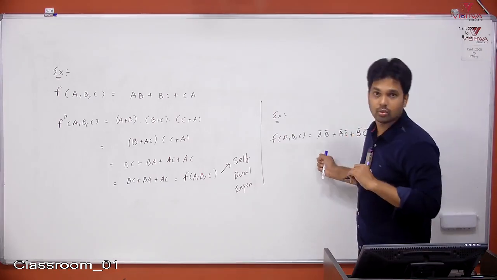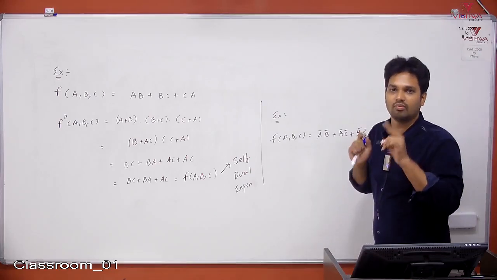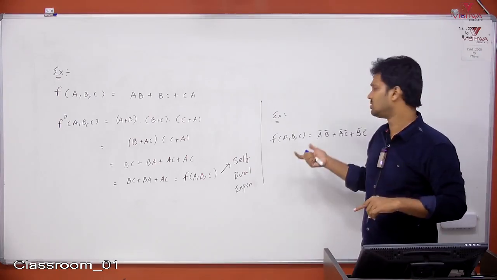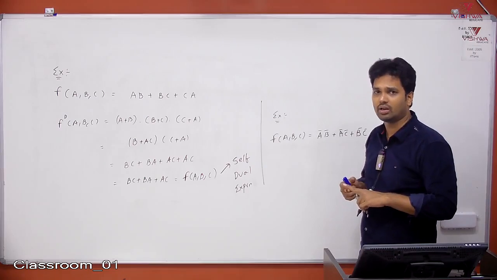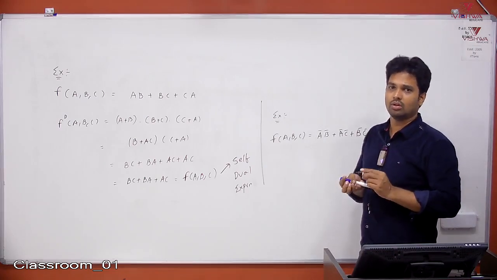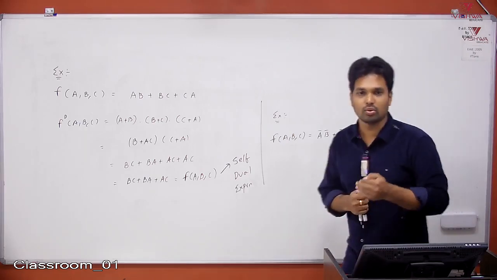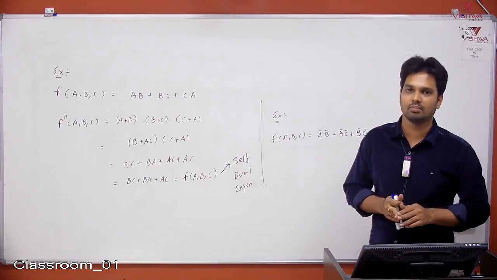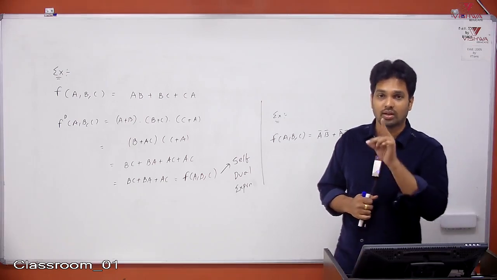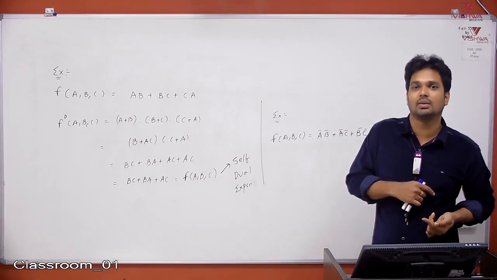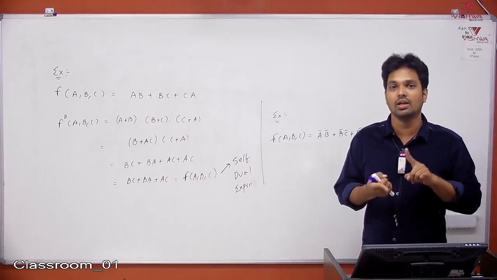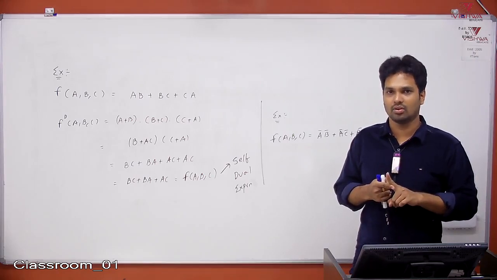This is also an example of a self-dual expression. You can try the proof and check it if you want. So first, what is the dual? Two times dual of any expression is the same. Now what is the special case? One time dual is giving back the same expression, then it is called a self-dual expression. Copy it.